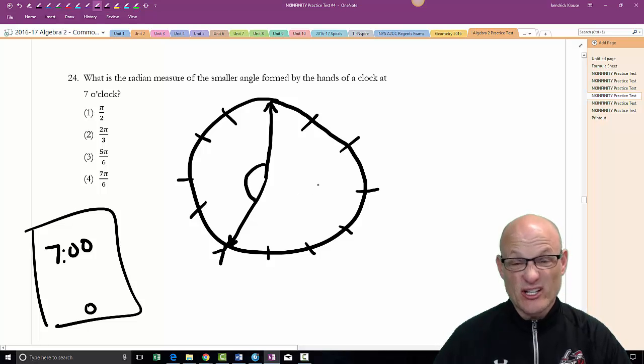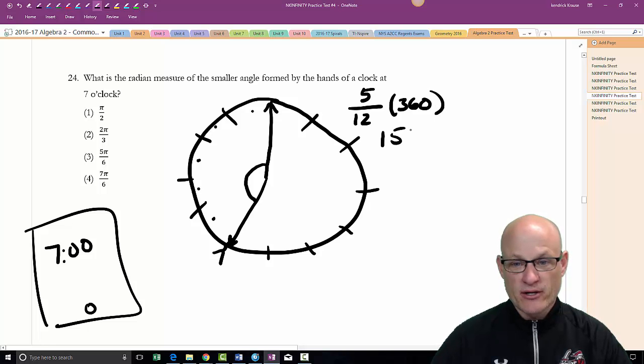I'm going to figure it out in degrees first. I'll tell you why it really doesn't matter. It's actually much harder to do by degrees, but what the heck. So that is 1, 2, 3, 4, 5. 5/12 of 360 degrees is the smaller angle.